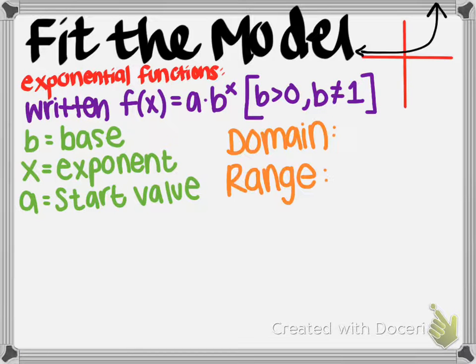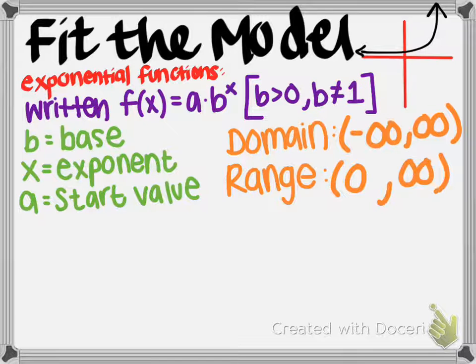When we're looking at the graph of the exponential, we can see that the domain is negative infinity to positive infinity, and the range is 0 to positive infinity. So recalling domain and range, domain is all the x values that are included in this function.